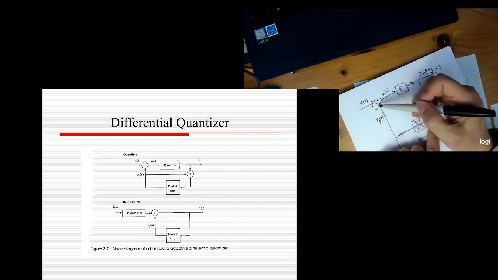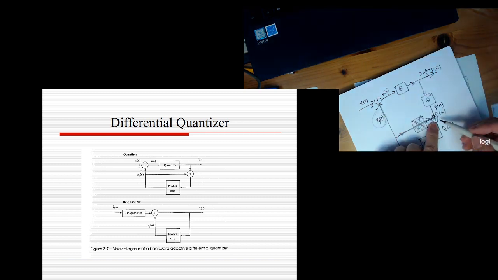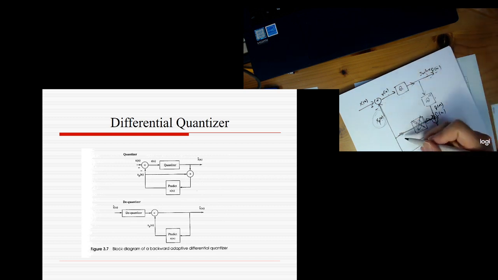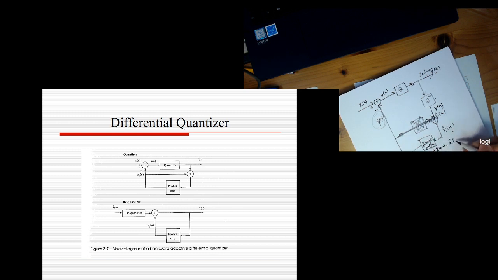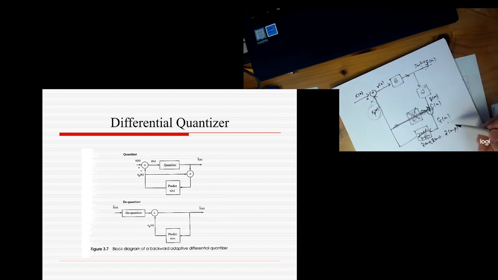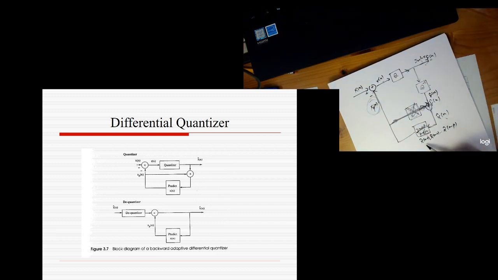We have to add this back to the prediction, so that we recover the current signal and put it in the buffer. Later on, we use S hat of n-1, S hat of n-2, up to S hat of n-p, and do the linear combination to generate your prediction. They are put in the buffer, and then we do the linear combination and the prediction. So you can see it like this.